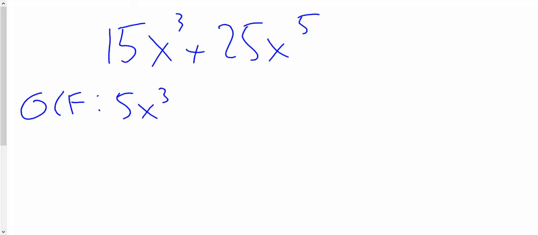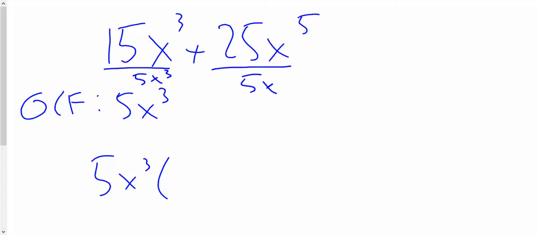So that's what we're going to divide out, and we're going to put that on the outside. Then we divide each term by 5x cubed. That leaves me with 3 plus, and then 25 divided by 5 is 5. x to the fifth divided by x to the third is x squared. So you're using a lot of what we learned in chapter 8, actually. Okay, that's what I got for you guys.